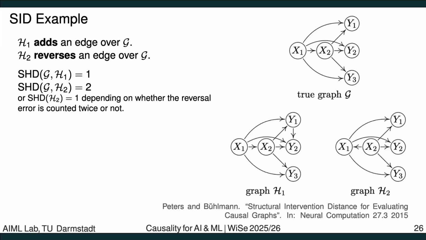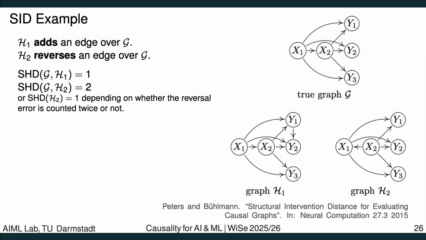Okay, so some examples, which are basically taken from the paper, which is quite insightful if you want to have a look at it. Basically, we have the true graph, and we have graphs H1 and H2. Here we add this one edge from Y1 to Y2, and here we invert this edge from X1 to X2.